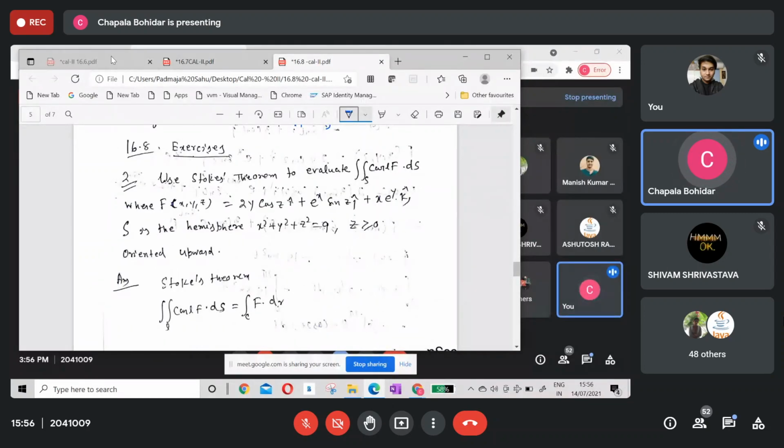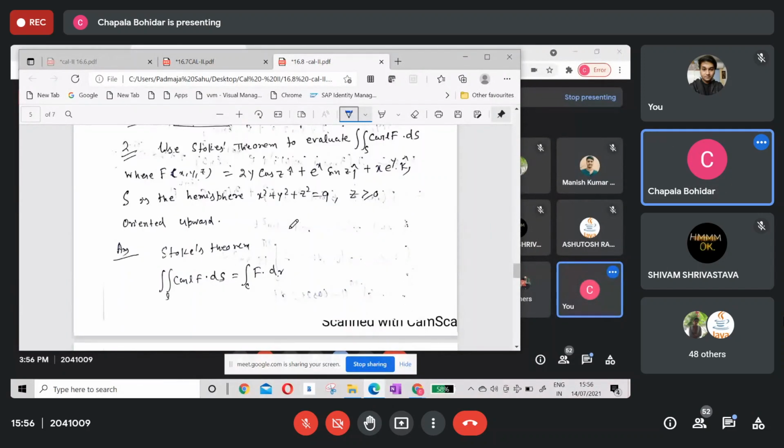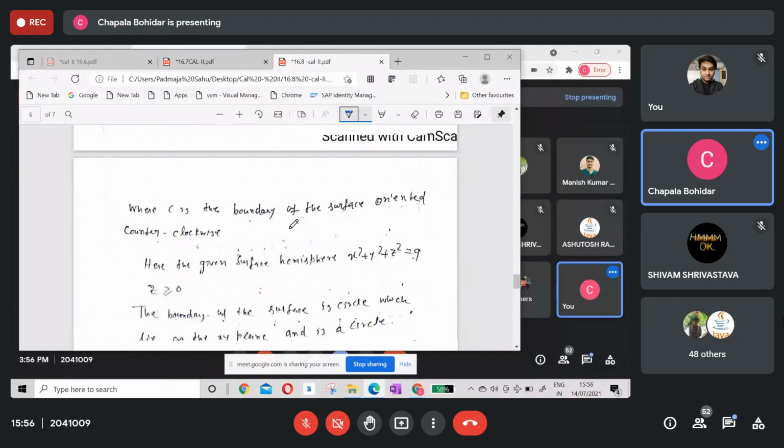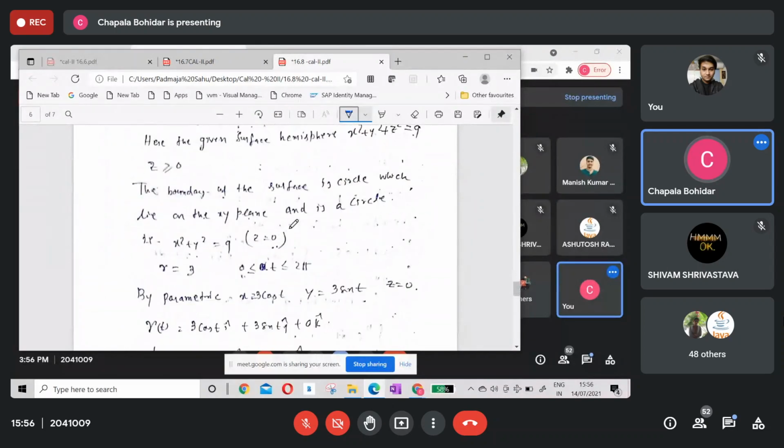See, this hemisphere x square plus y square plus z square is equal to 9.